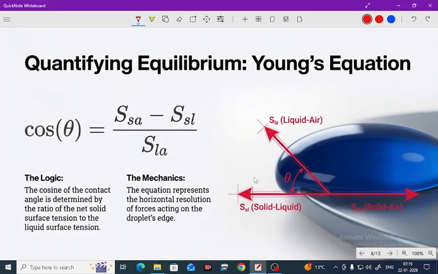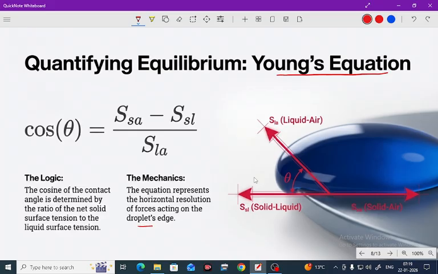The logic: the cosine of the contact angle is determined by the ratio of the net solid surface tension to the liquid surface tension. The mechanics: this is known as Young's equation, and the equation represents the horizontal resolution of forces acting on the droplet edge.